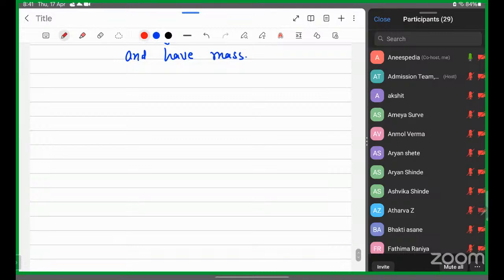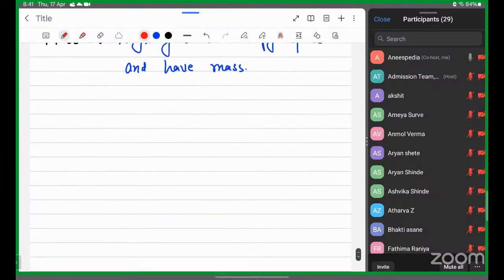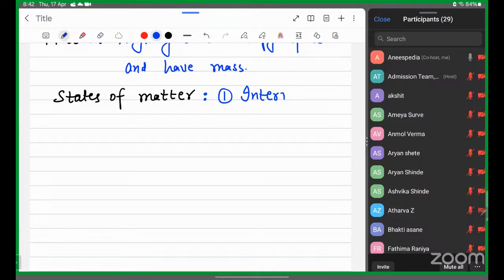In the formation of matter, or whenever there is a state, there will be two parameters in any state of matter. Parameter number one is intermolecular interactions between the constituent particles, and constituent particles may be atoms, ions, or molecules.